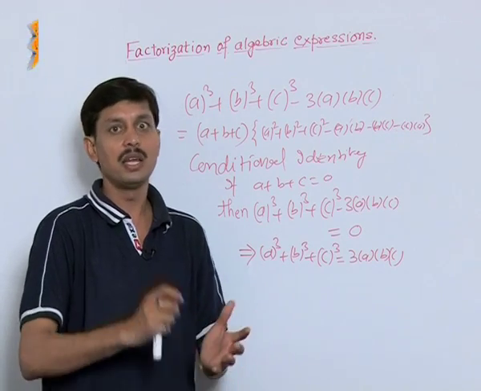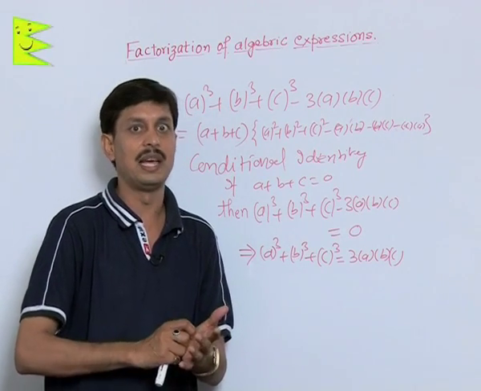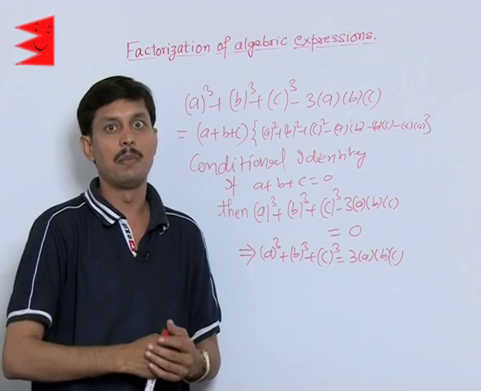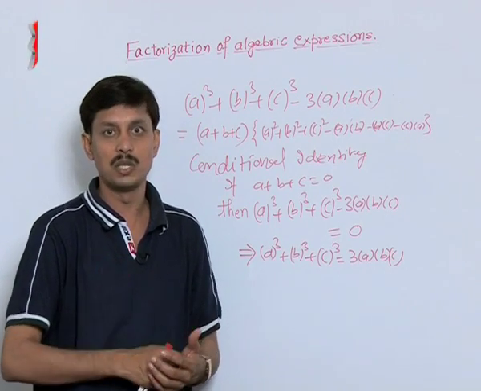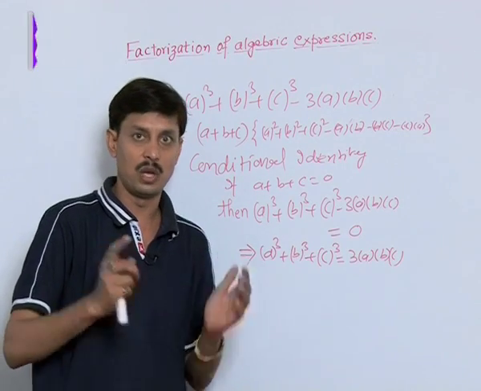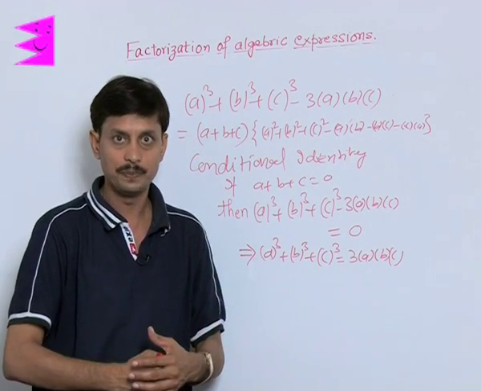And for factorizing, a cube plus b cube is equal to (a + b) multiplied by (a square minus ab plus b square), and a cube minus b cube is (a - b) into (a square plus ab plus b square).